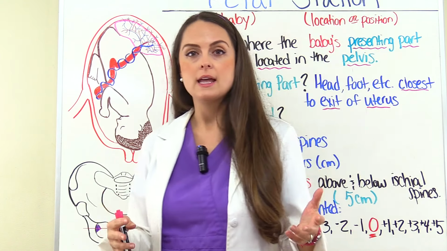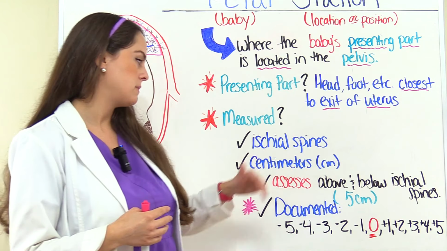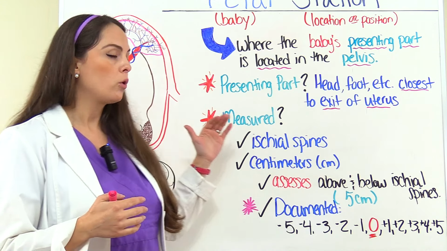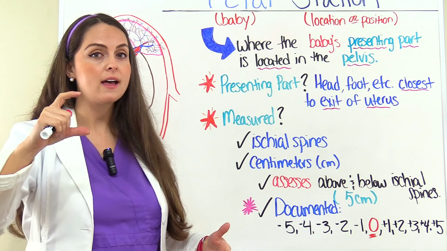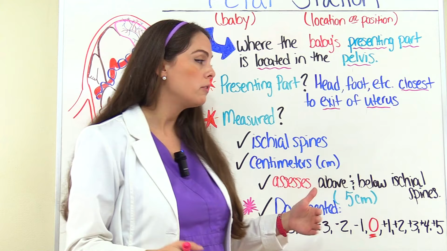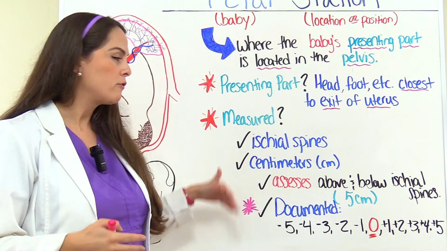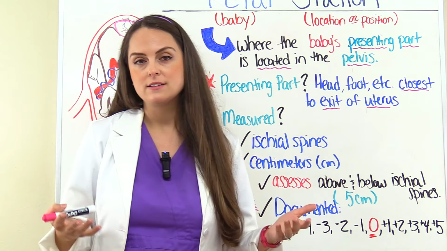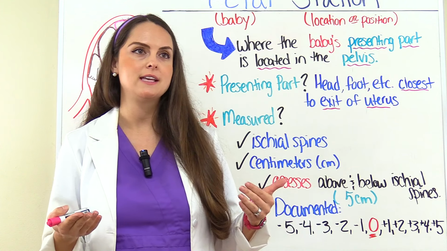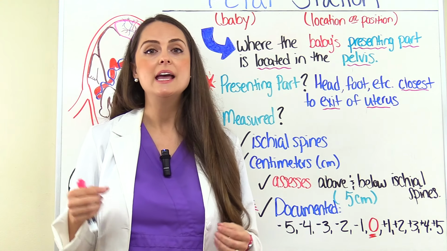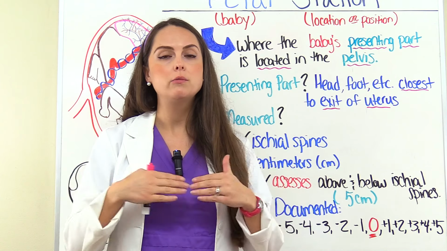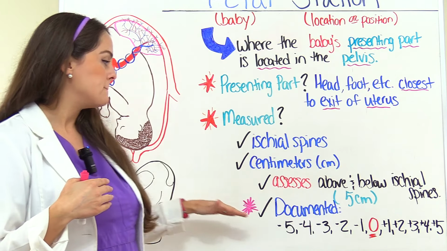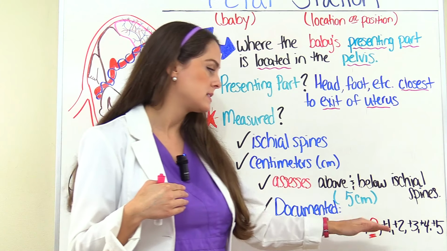The measurement is measured in centimeters. So we're going to look at 5 centimeters above that ischial spine line and 5 centimeters below the ischial spine line. However, we don't communicate that to each other like that or document it. We don't say 5 centimeters, 2 centimeters. Instead, when we're talking about this fetal station, we refer to it in minus numbers and plus numbers.